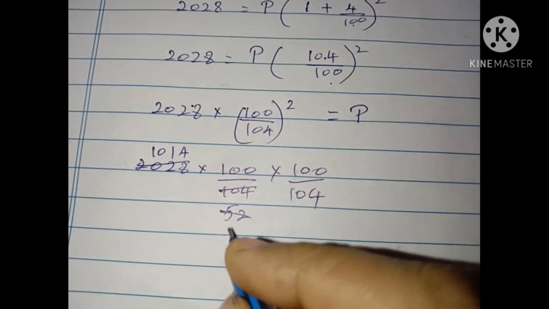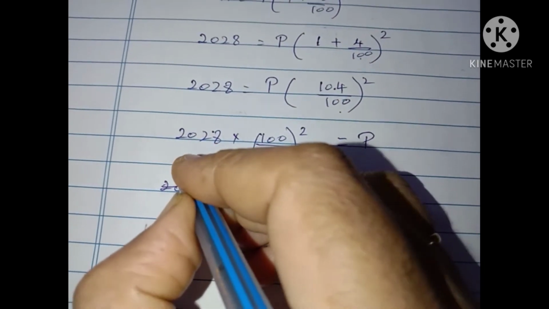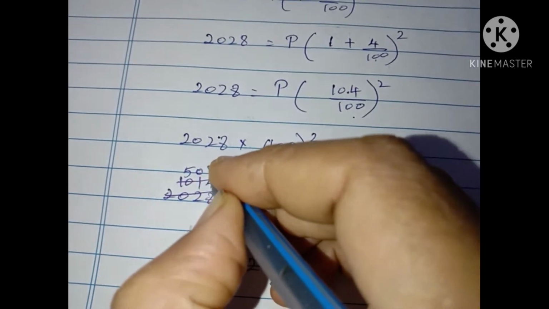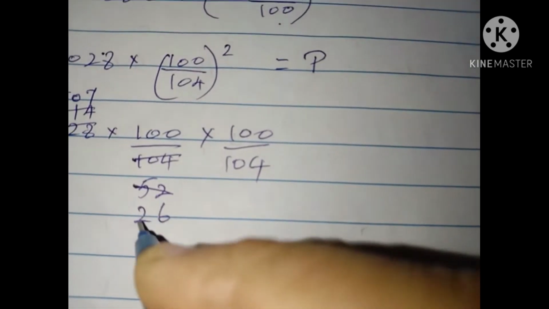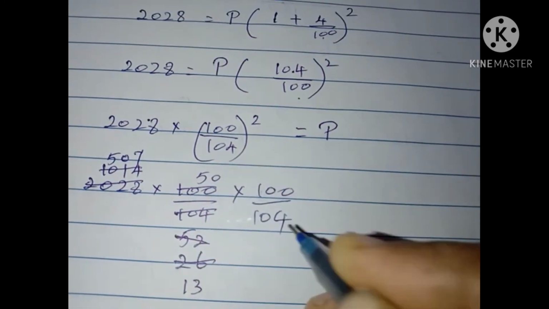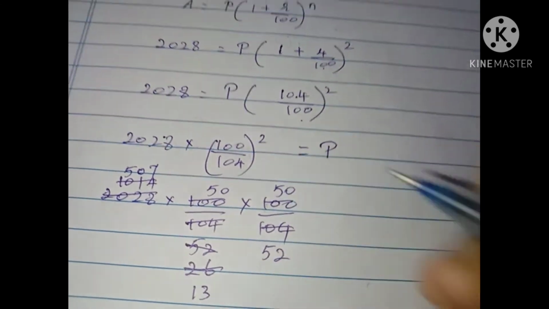Again with the 2 table, 2 2s are 4, 2 6s are 12. Here 2 5s are 10, then 2 7s are 14. Then 2 table, 2 1s are 2, 2 3s are 6, here 2 50s are 100. 2 5s are 10, 2 2s are 4, 2 50s are 100.